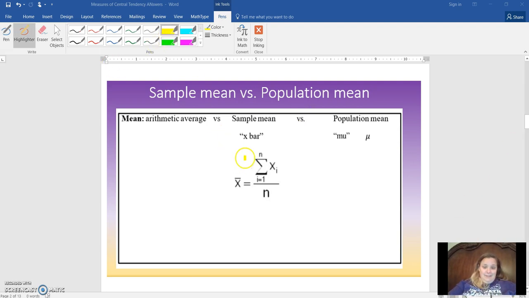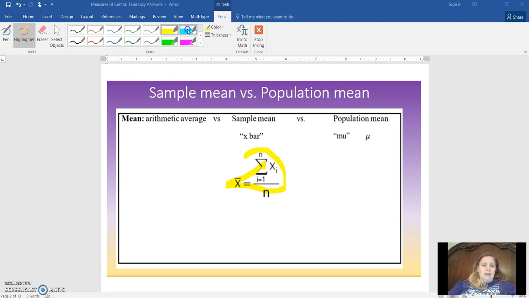That is the formula for mean, but you know what the mean is. You add all the terms up and divide by however many there are. That's what mean is. If you wanted the official math definition, there it is.